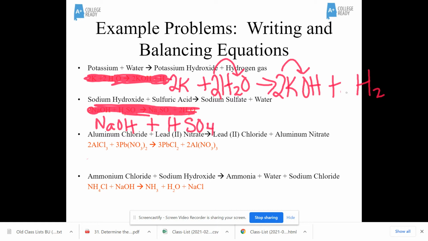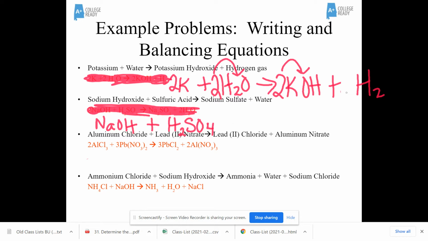If it's -2 and hydrogen's +1, how many hydrogens do I have to have? 2. So I'm going to put a subscript of 2. Now, once I get those subscripts right, I don't change that. The formula for sulfuric acid is H2SO4. That's why we spent all that time learning how to do that. And you've got lots more practice on it.